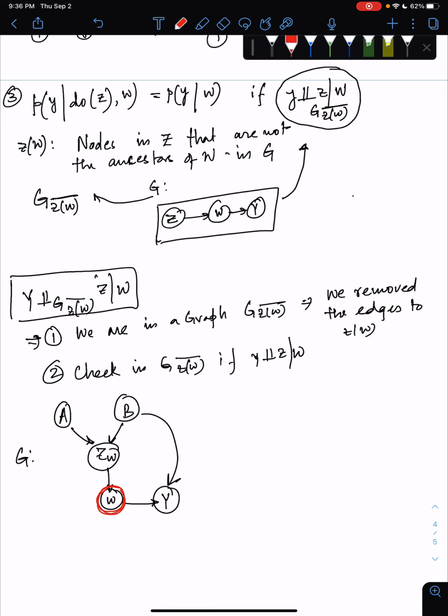Okay, now in this particular graph, I'm actually still in my original graph. This W in my original graph doesn't block the spurious relationship between ZW and Y, or between the other nodes. How?